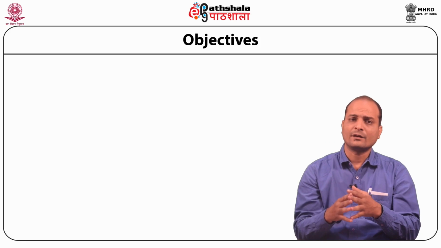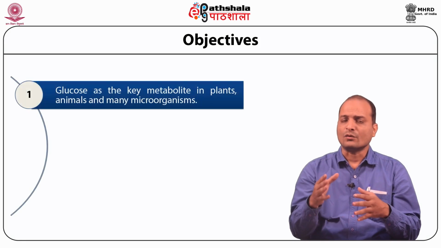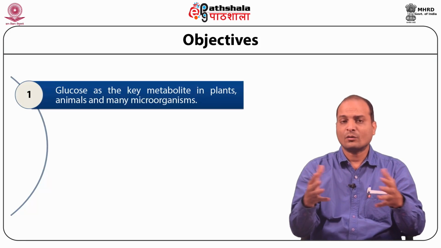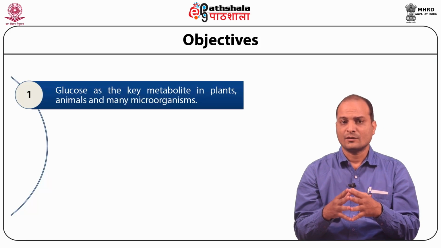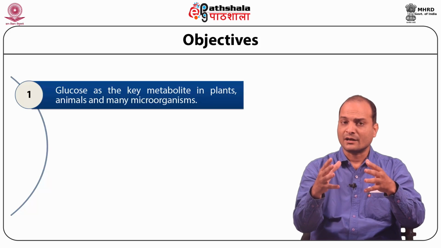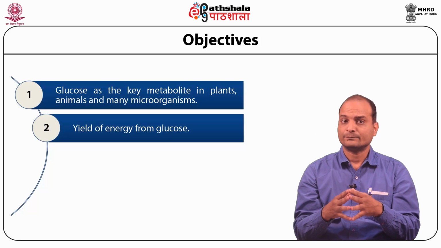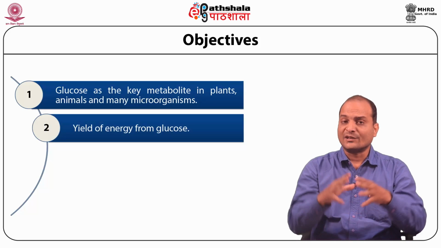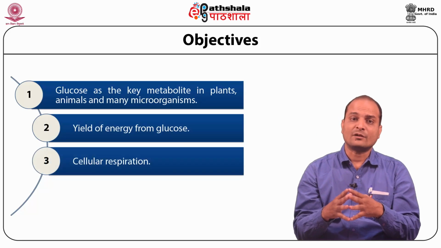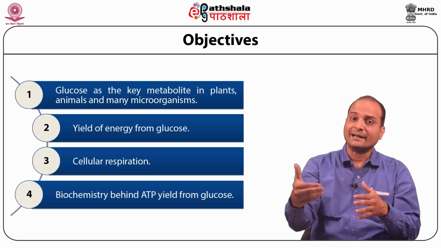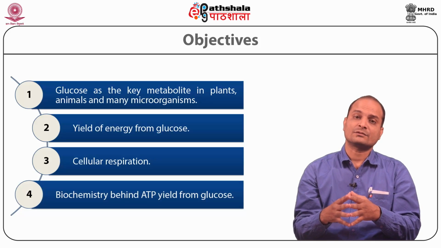Here we will learn about glucose as a key metabolite in plants, animals and many organisms. We try to understand how much energy we get from glucose. We will touch on the aspects of cellular respiration and the biochemistry behind ATP yield from glucose.